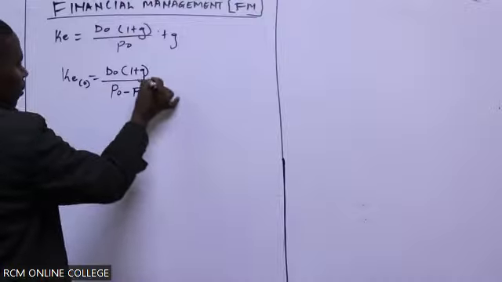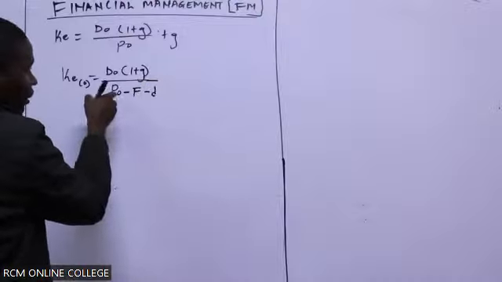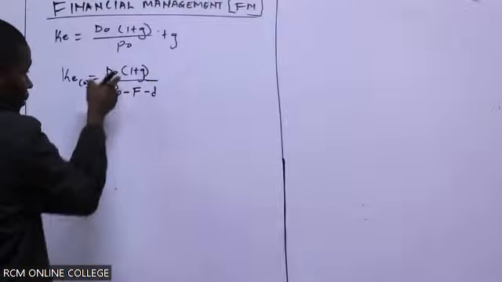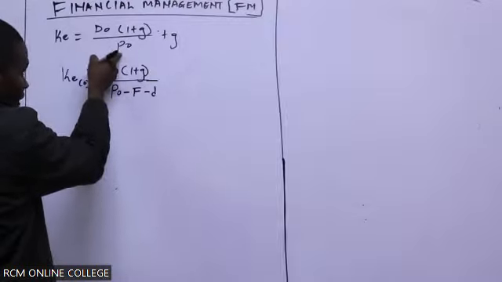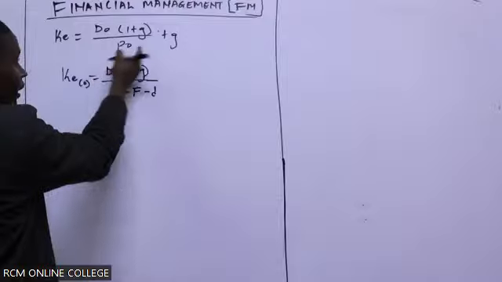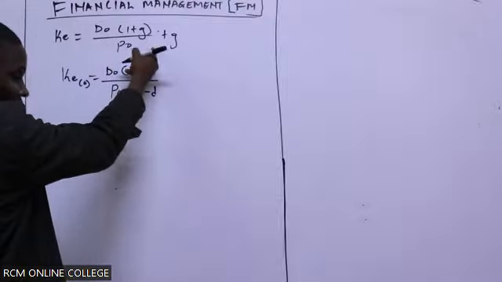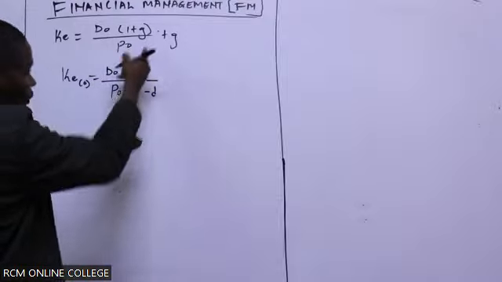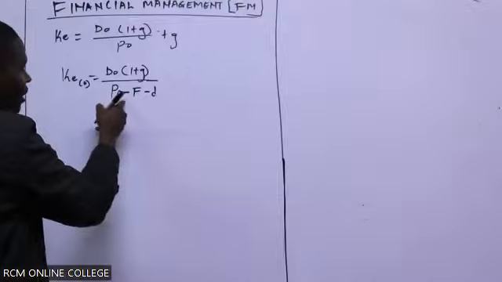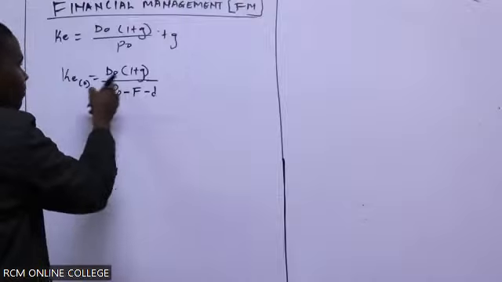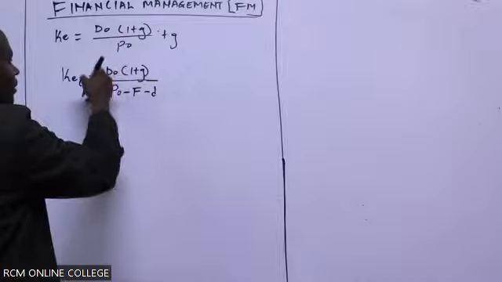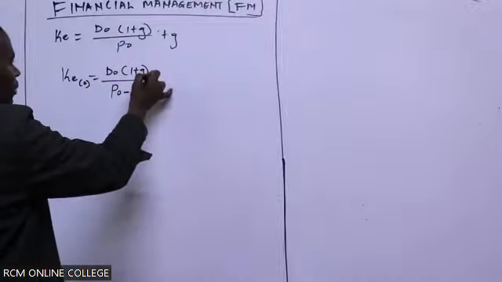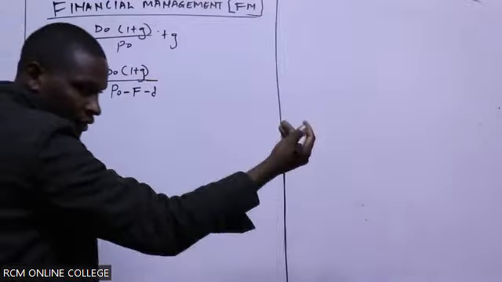You give a discount. What is happening to our P0? It's reducing. So when you compare the P0 for the retained earning, remember retained earning has nothing that will be affecting it in that order. But our P0 will be affected. It will reduce. So if this is small, I expect that whatever result I'm going to get will be higher.